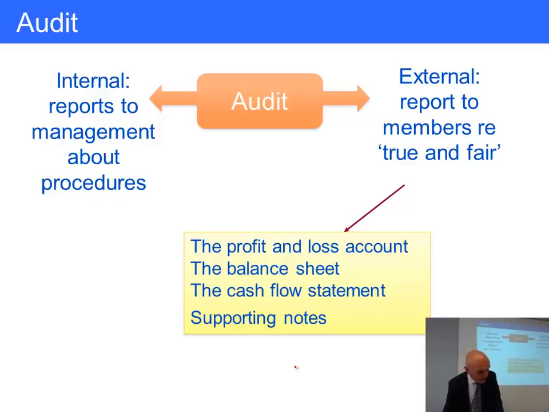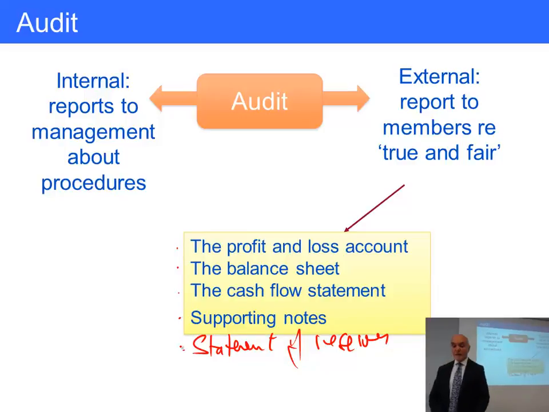And the final one we need to put on here is a statement of reserves, showing how basically the retained profits have changed. This is what's meant in auditing terms by the financial statements.